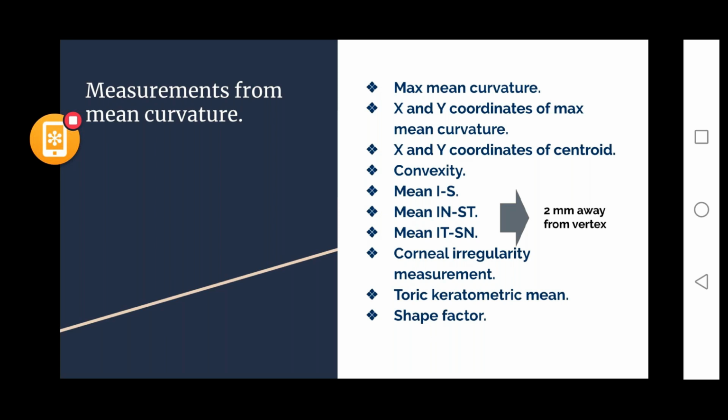Now, can someone please tell me what are the different shapes of cornea? Is anybody aware of that? At least one shape, if anyone can say. Okay, yes, someone has. So it's parabola, yes, and hyperbola.